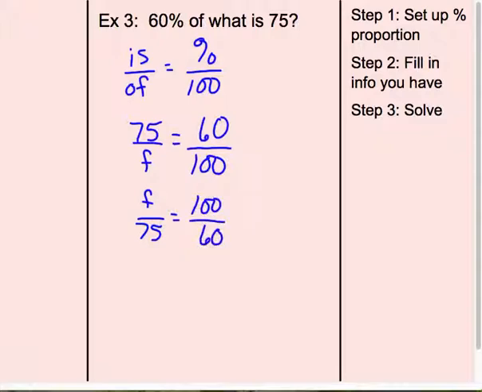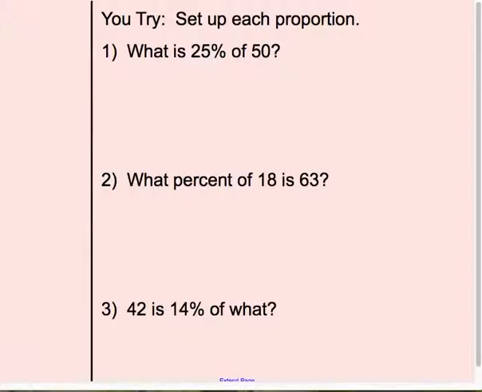Cancel the denominator, so I'm going to multiply both sides by 75. 100 times 75 divided by 60 gives us 125. So 60% of 125 is 75. And here are your U-try problems.